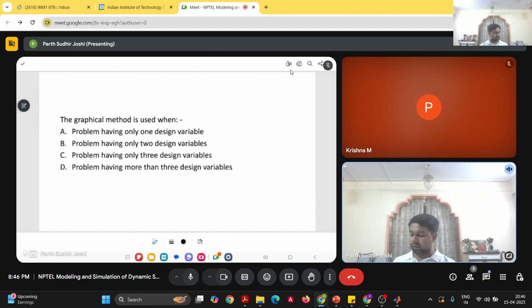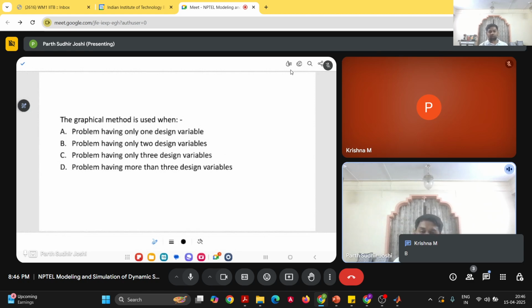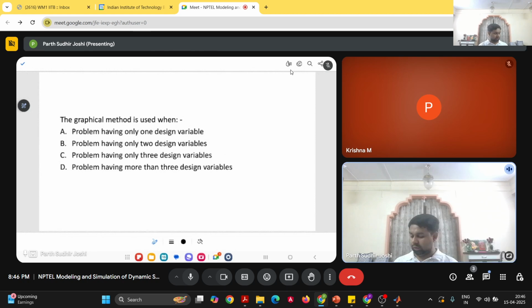So now let's come to our next question. The graphical method is used when, yeah, we have only two design variables. So in case of two design variables, the correct option is B. For one design variable, we don't need the graphical method, it's just one dimensional.